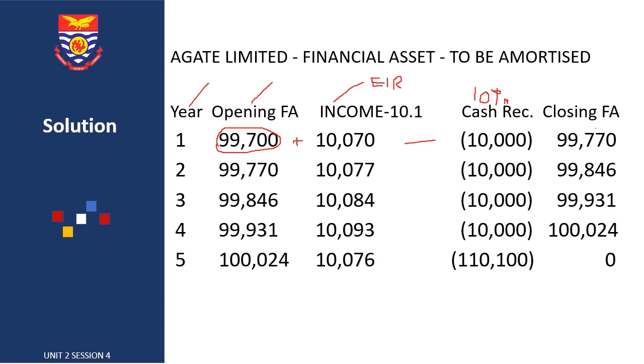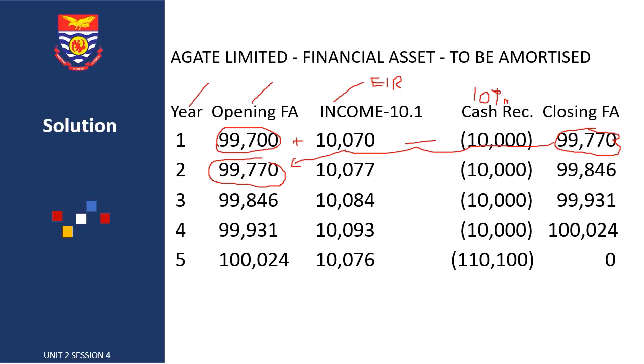So this becomes the closing financial asset at the end of the first year. The closing balance at the end of the first year becomes the opening balance for the second year.